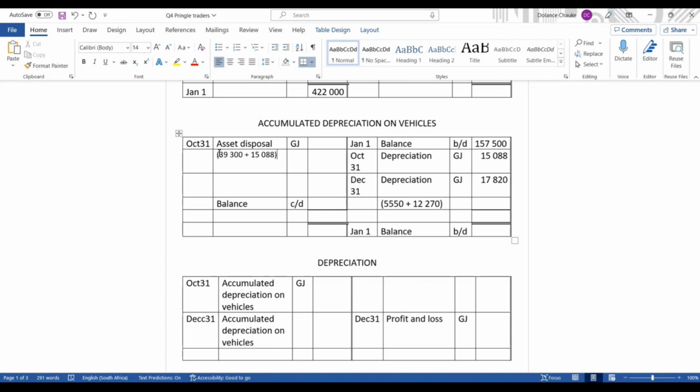That's why now we need the whole total of accumulated depreciation. We're going to add the one at the beginning plus the one that we calculated this year. How much? If you don't understand, you stop me. You say I don't understand, then I engage with you for clarity and understanding.